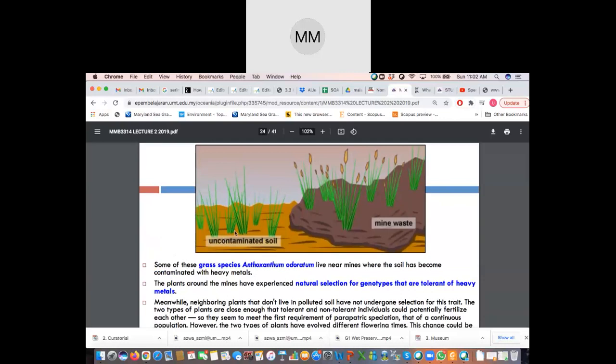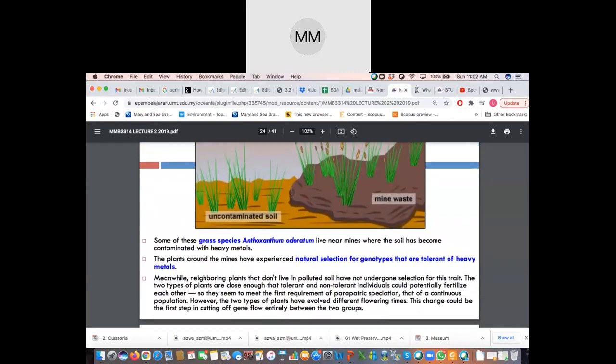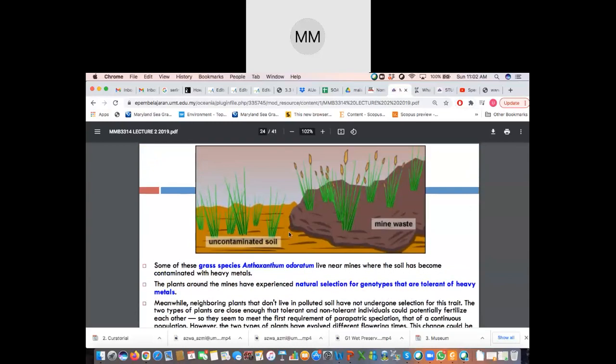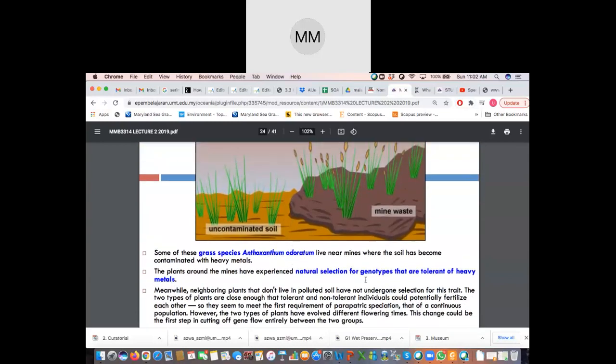Just that small change in contamination makes certain populations die, or they mutate and grow to adapt. So these plants around the mines have experienced natural selection for genotypes that are tolerant of heavy metals.